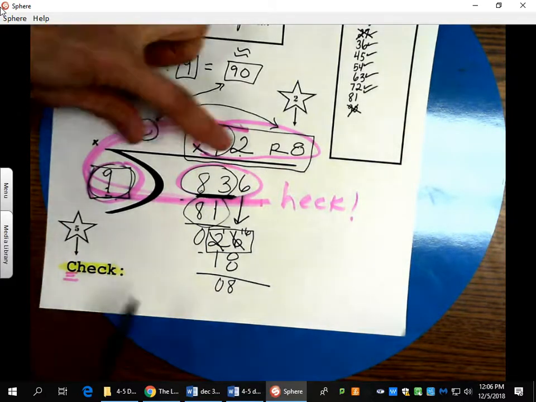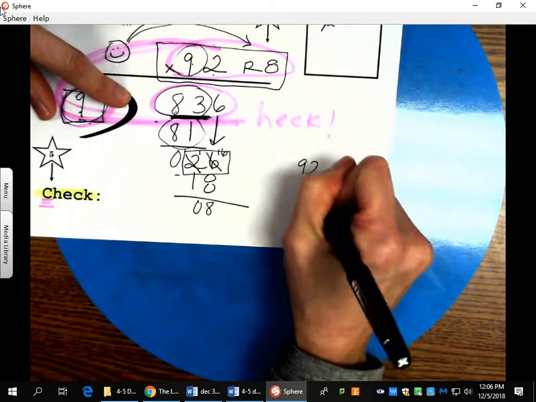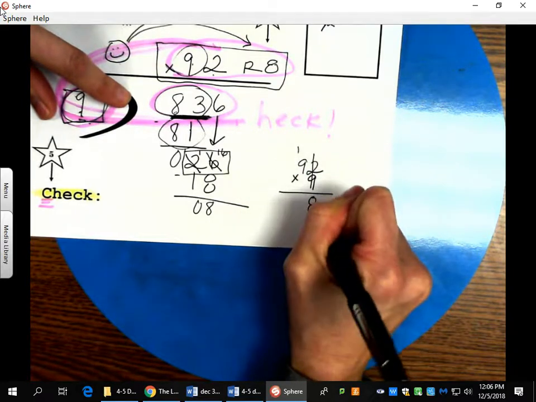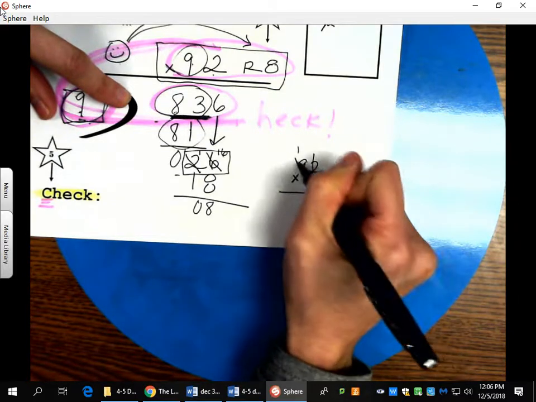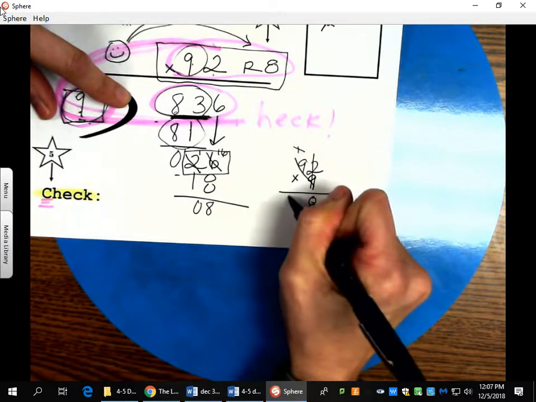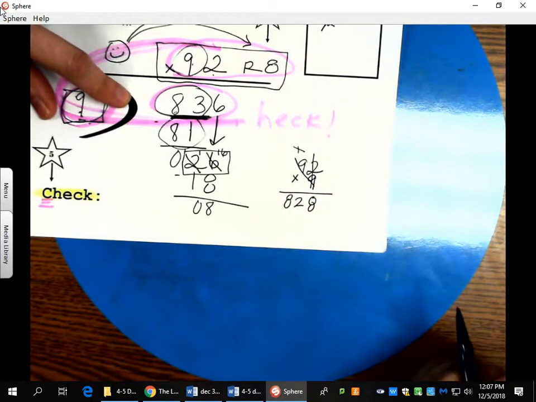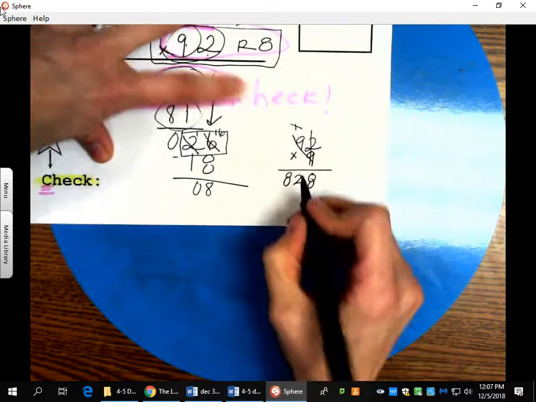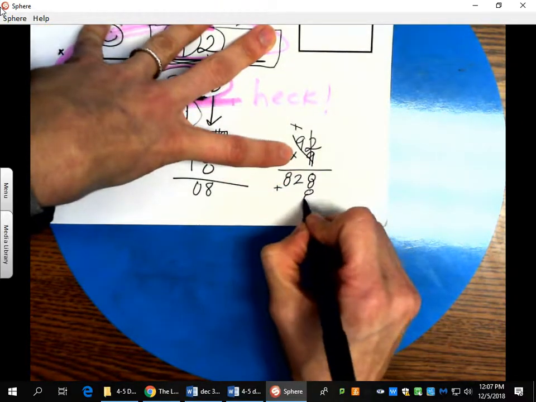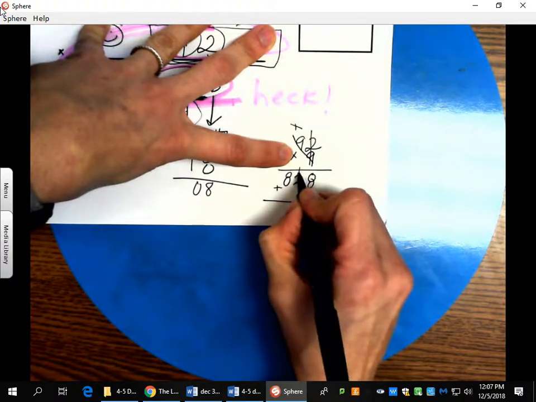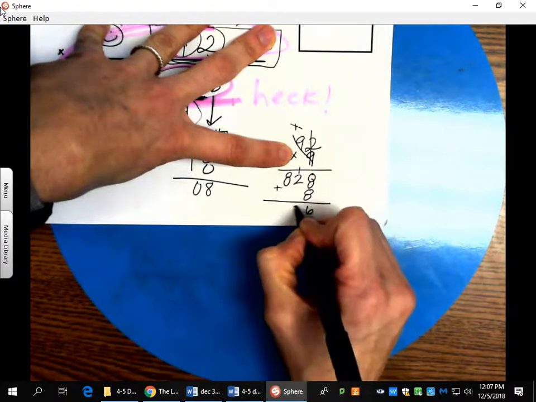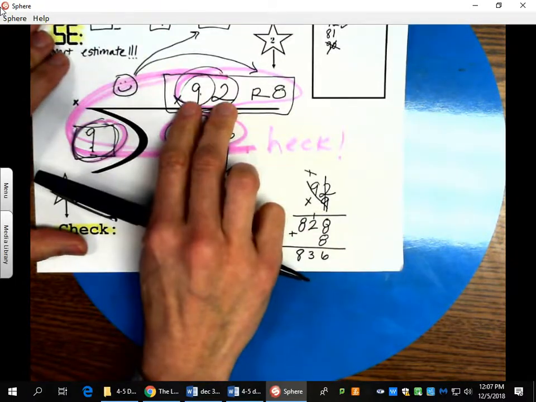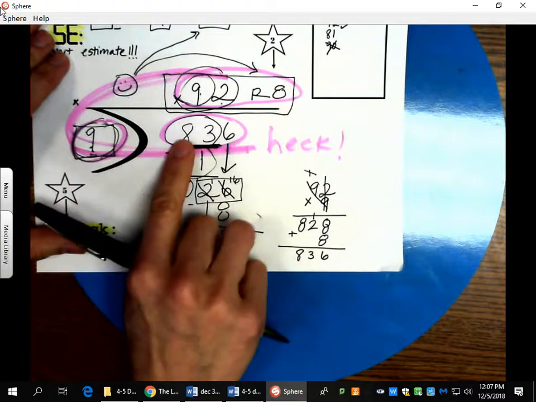So let's just do 92 times 9. 9 times 2 is 18. 9 times 9 is 81. Plus 1 is 82. And then that's 92 times 9. I have to add in that extra 8. So take that and add in 8 more. 8 plus 8 is 16. 2 plus 1 is 3. And that's 836.